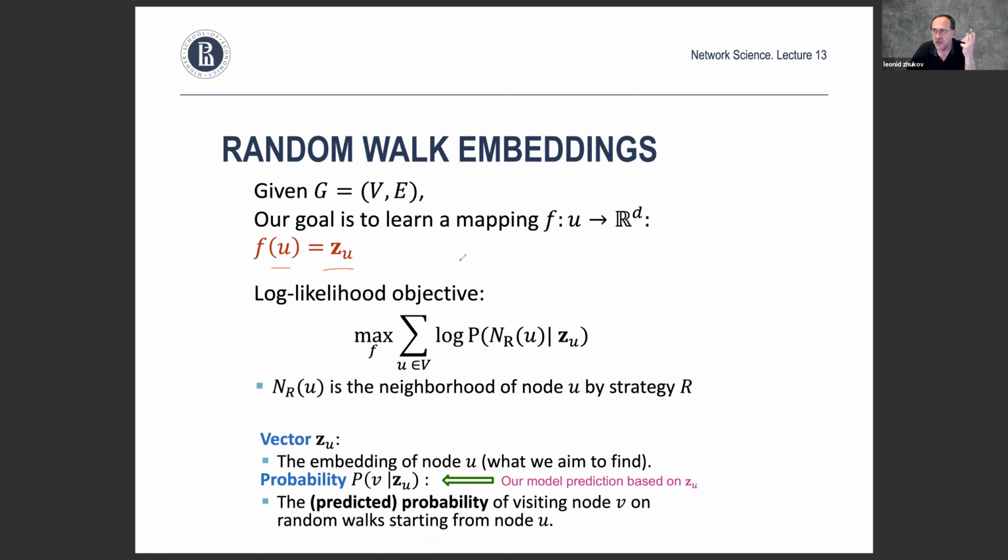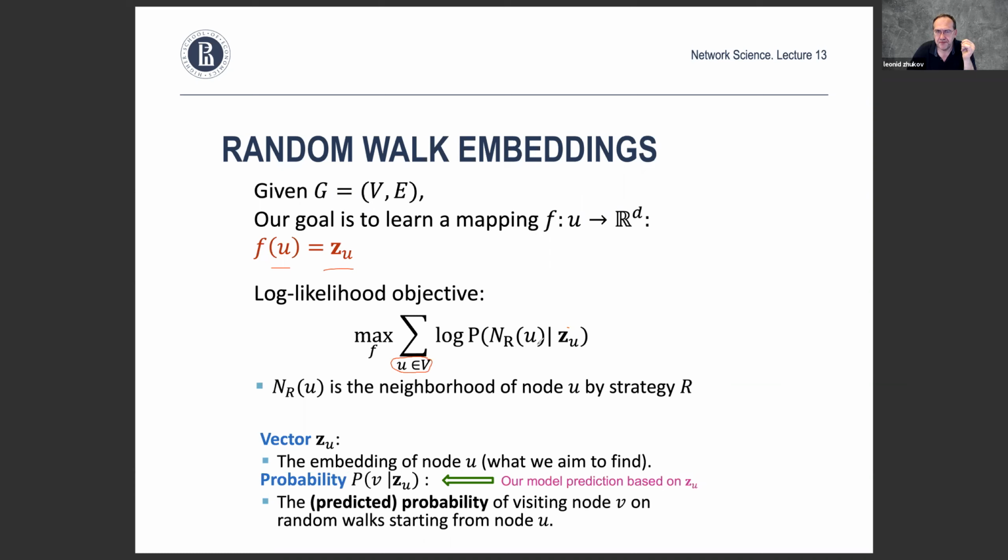And as always, instead of just using the probability, we would rather use a log likelihood objective, so the logarithm of probability. Since random walks started from all the nodes are independent, we can multiply the probabilities, or we can sum the logarithms of probabilities.